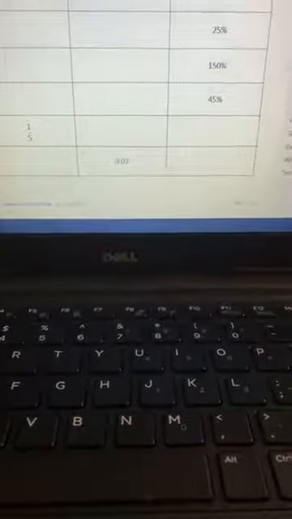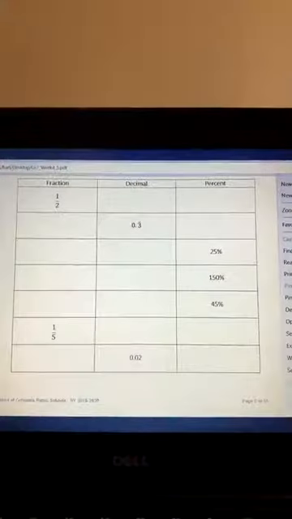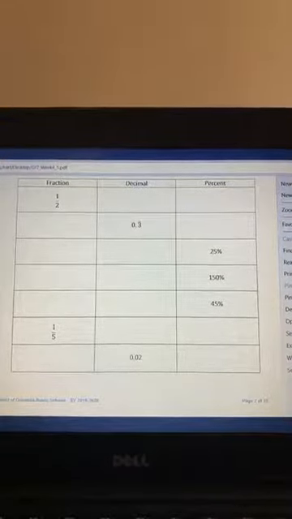Okay, so I haven't seen the correct answer, but we are somewhere in the ballpark. Someone says divide the numerator by 100. Randy, you're pretty close there, sir.